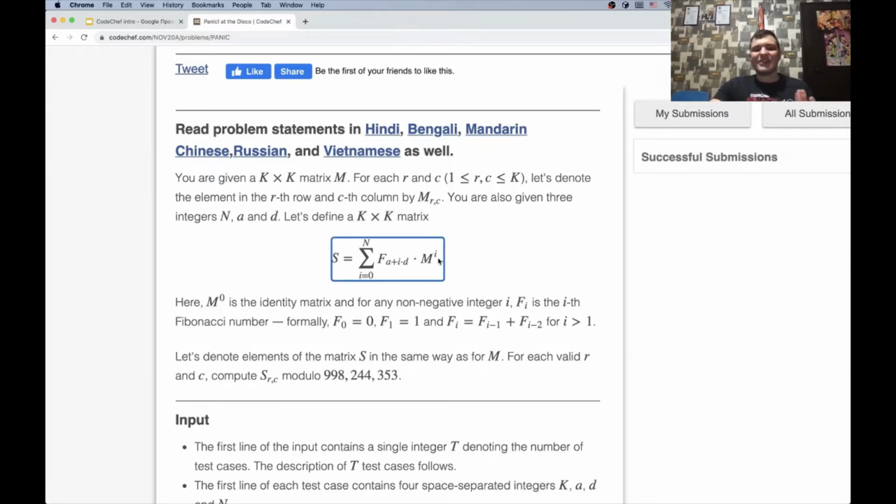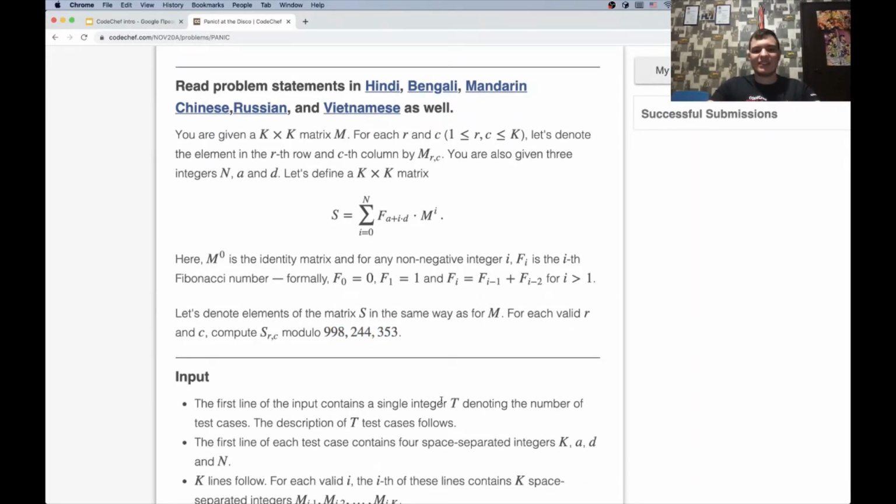That's pretty obvious because even in the power of the matrix, we have i, and obviously this grows exponentially, so we also want to calculate this modulo this number, which is just a prime number that's commonly used. Some people may think that the problem is related to FFT or something like that, but actually that's just a random prime number. The intended solution doesn't really use the fact that this prime modulus actually has nice roots of unity.